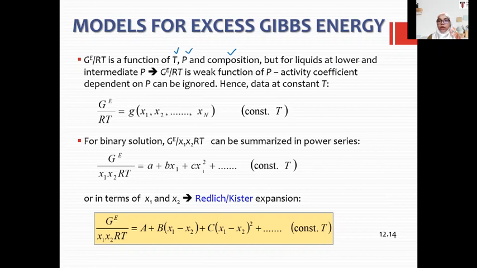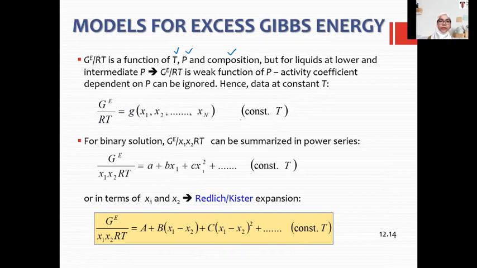But for liquid at low and intermediate pressure, the Gibbs energy over RT is a weak function of pressure, so the activity coefficient's dependence on P can be ignored. Hence, the data at constant T is given, and the functional thermodynamic expression can be written like this: GE over RT as a function of composition at constant temperature.